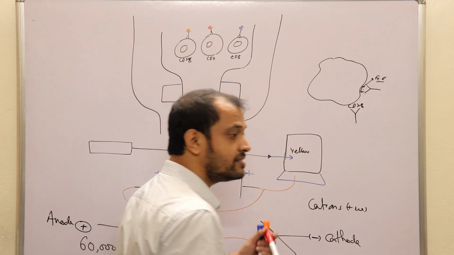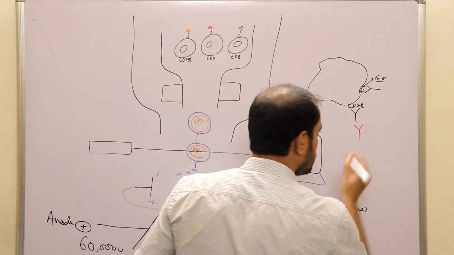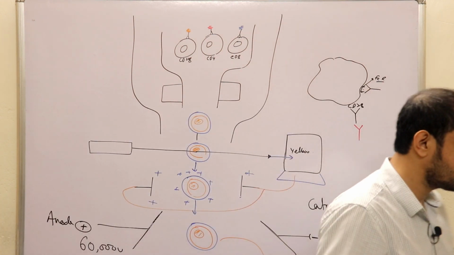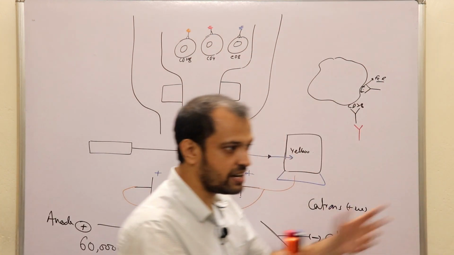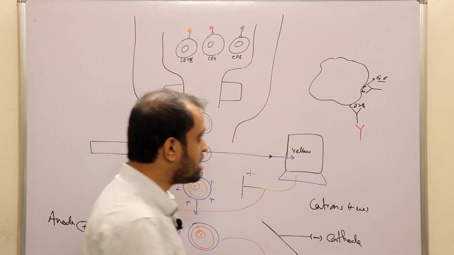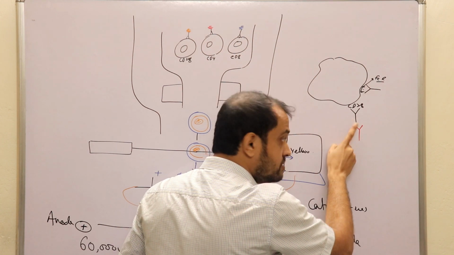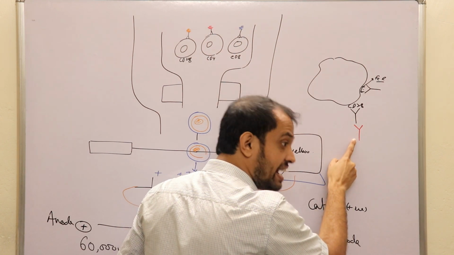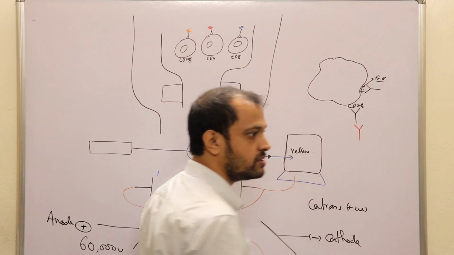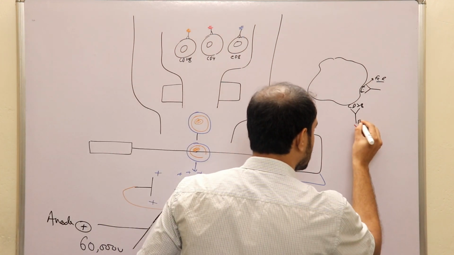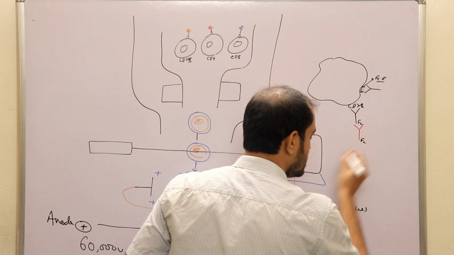Then add the secondary antibody. Do you know the basic difference between a primary antibody and a secondary antibody? The primary antibody binds with the primary protein. The secondary antibody binds with the FC portion of the primary antibody. This is the FC portion of the primary antibody, and this is the FC portion of the secondary antibody.